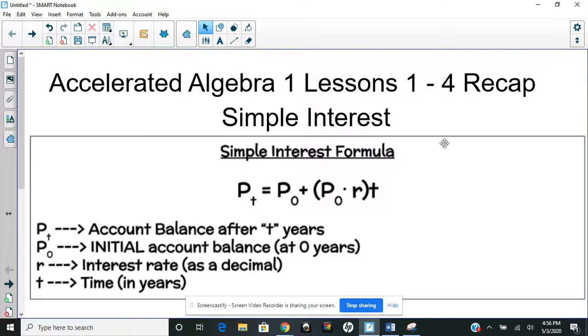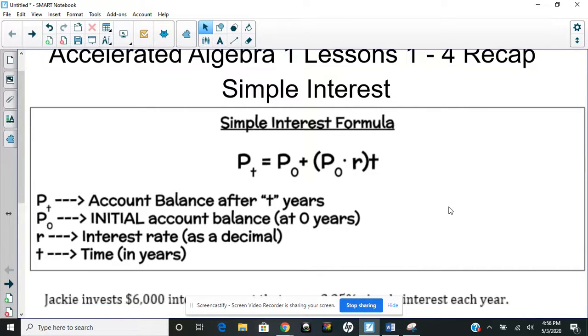So the first thing that we learned way back on April 20th and 21st was this formula called the simple interest formula. The simple interest formula is a way to calculate how much interest you get in a bank account based upon the initial deposit, the initial amount of money that you put within that bank account.